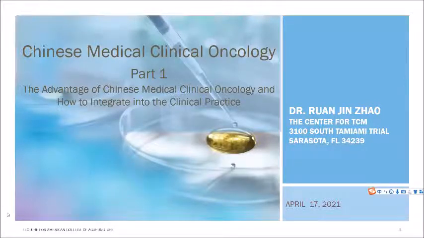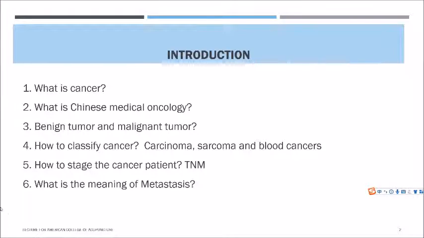So first, we go through the introduction. When I talk to our colleagues and friends, I found there are so many basic concepts they are confused about. That's why I arranged this slide. What is really cancer?